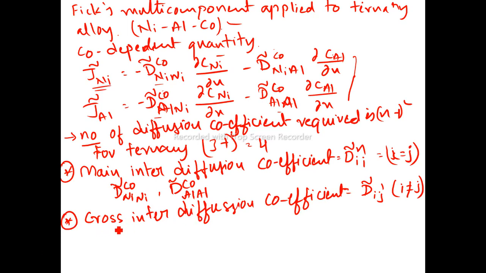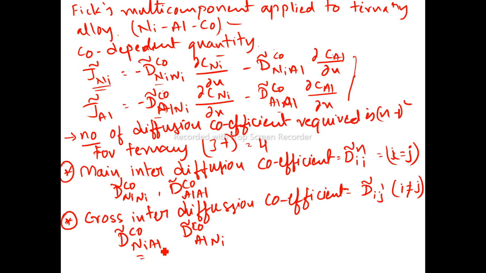This plays a very important role, and these are the cobalt, nickel, aluminium and cobalt, aluminium, nickel interdiffusion coefficients. This tells how the concentration gradient of the j element affects the flux of another component.